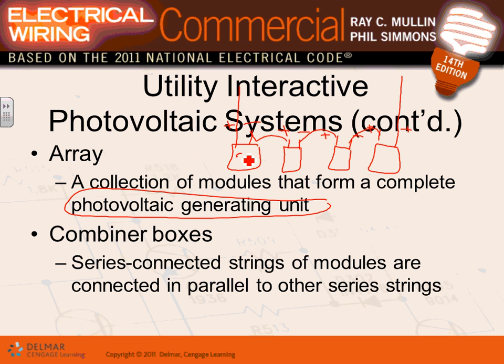Let's say these were 20 volt each, four of them; 4 times 20 is 80, so the system gives me 80 volt DC. Each one is 100 watt, so when you add them all up you get 400 watt. That's how they do it, guys. That's what the array is.